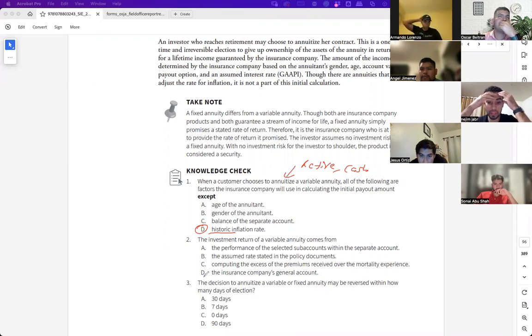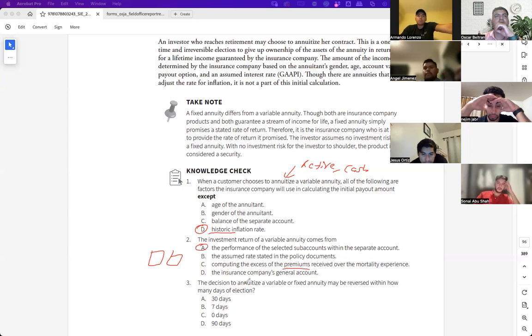So would it be C? The longer they have it because of the premium? No, wait. That was A, the performance of the selected sub-accounts. So A sounds right, but it does not separate accounts. So it should be A, right? Premium shouldn't really matter.